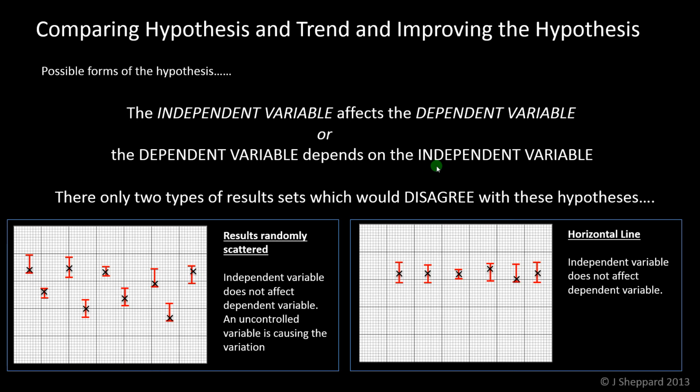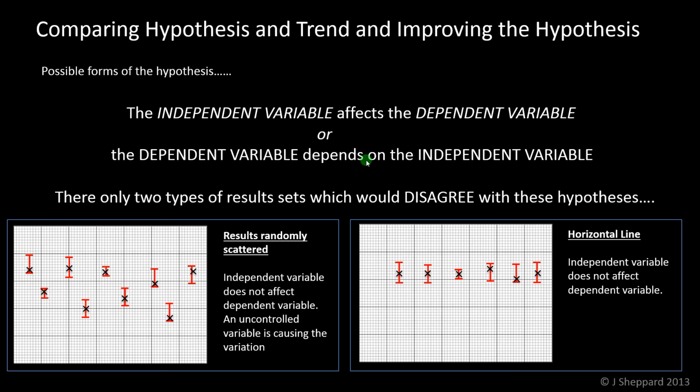Pretty much every other situation will agree with those two forms of hypothesis. If the hypothesis is more specific, say the independent variable increases and the dependent variable decreases, and your results don't agree with that, then obviously you've got to say that too.